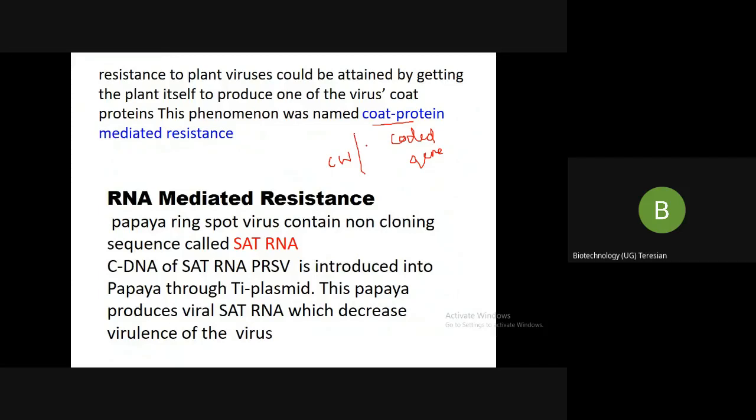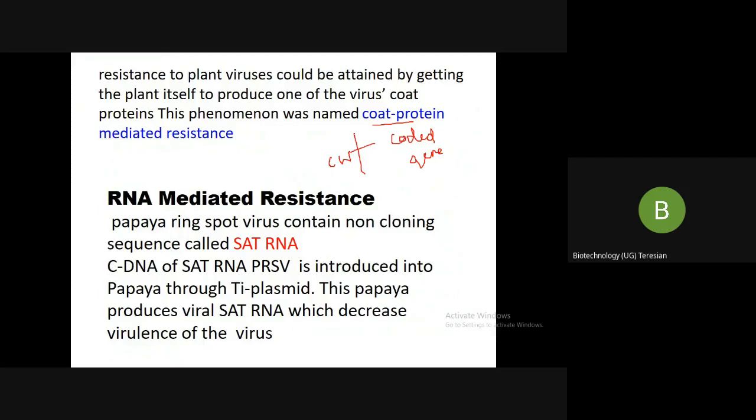So then they used the modern technology, that is your gene gun, wherein they coated the DNA with gold or tungsten particles, and then they fired it into the papaya plant, which directly goes and sits in the nucleus of the papaya plant. Now that plant is called a genetically modified or transformed plant.